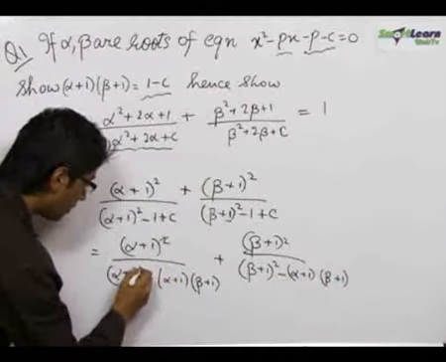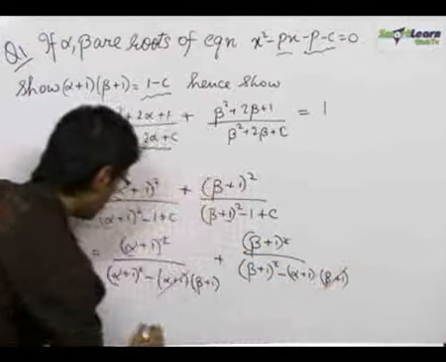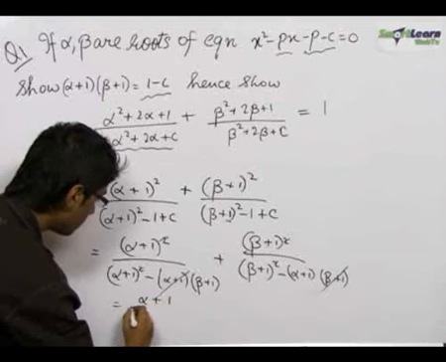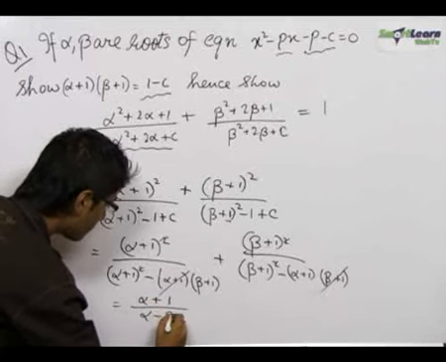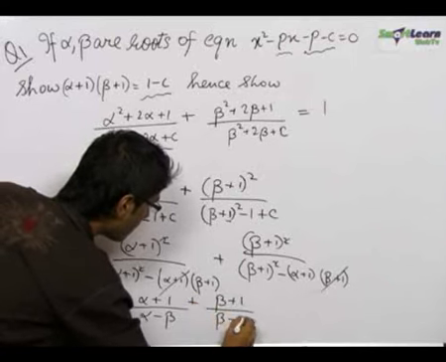Now cancelling the common term from both the terms, we get (alpha plus 1) upon alpha minus beta plus (beta plus 1) upon beta minus alpha.